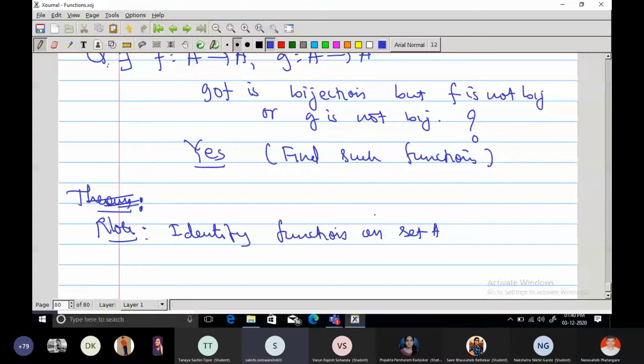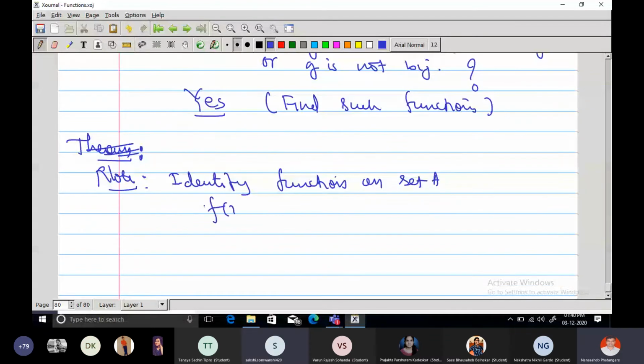f(x) equal to x, right? f(x) is equal to x for all x in A, right?